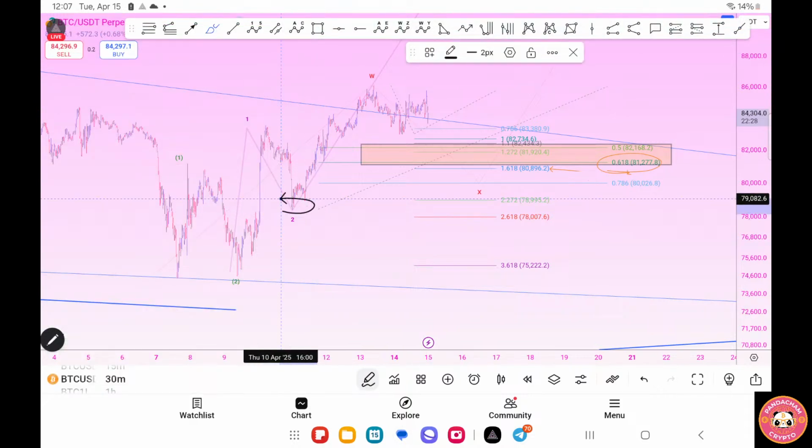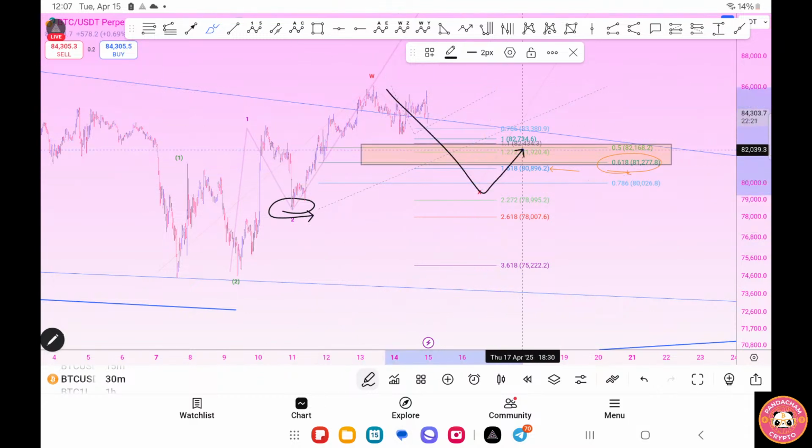So if we are able to hold this region here, this play is still in play. It can retrace and we're still gonna go to the upside. That's one of the ideas.